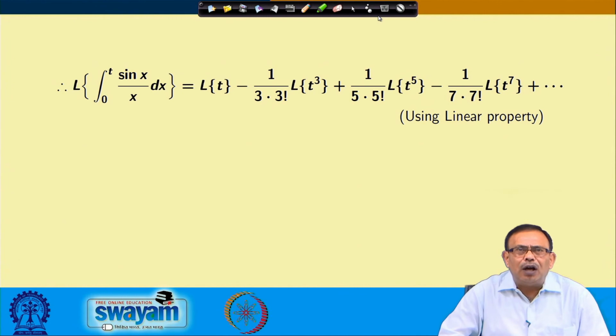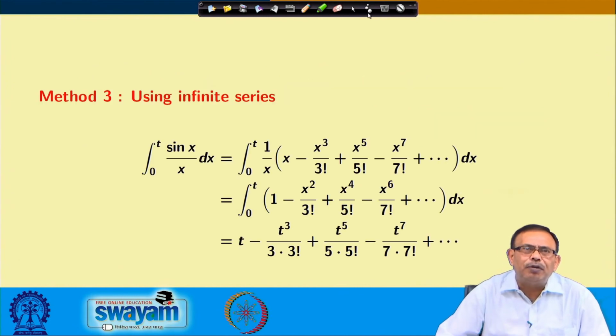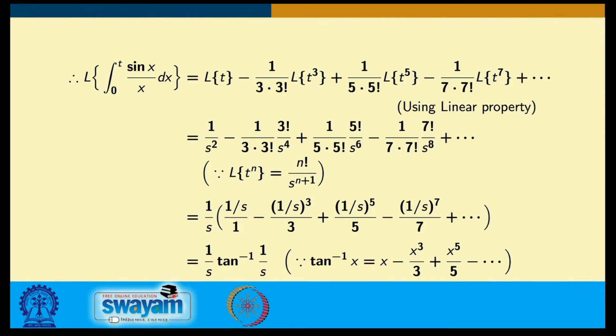Now I can take Laplace transform on both sides, because I obtained integral 0 to t of sin x by x as t minus t cube by 3 into factorial 3, like this. Taking Laplace transform on both sides using the linearity property, Laplace transform of a f(t) plus b g(t) equals a into Laplace transform of f(t) plus b into Laplace transform of g(t). So I can break it all, and I know the Laplace transform of each of them.